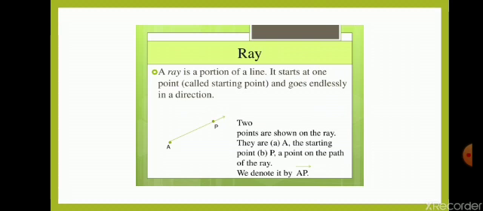Look at this picture. Here we extend the point P. Now, 2 points are shown on the ray. They are A, the starting point, and P, a point on the path of the ray. We denote it by AP.